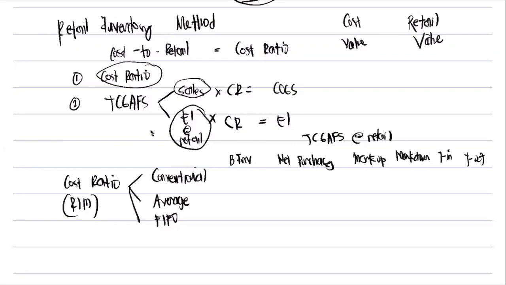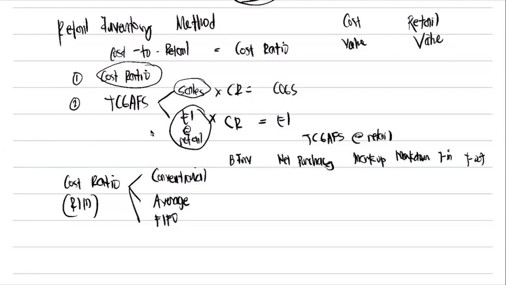Beginning inventory, no problem. You already know that one. That is the amount of our inventory at the start of the period. Next, net purchases. That is our total purchases, net of any returns, and add any discount.